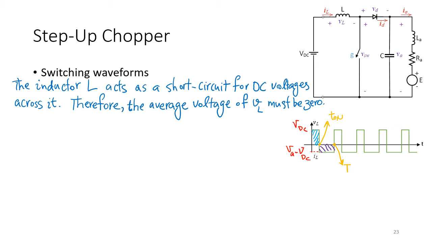So let's calculate it. VL average is equal to 1 over T, the integral from 0 to T of VL dt, since it's a periodic function and we can calculate it over one period.